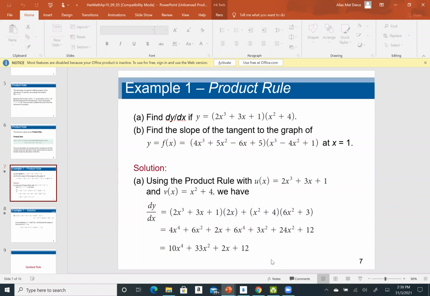Do part A. Don't worry about part B, you can go home and do it later on. So you do part A. You have u times v. You let u be the first term, v the second term, get u prime, get v prime, plug into the formula. And if you want to check, you check the answer given at the bottom. I give you 2 minutes. Do it now.